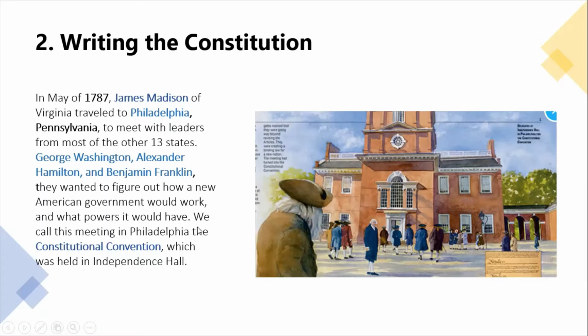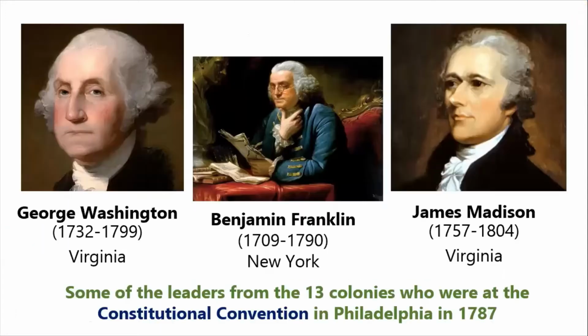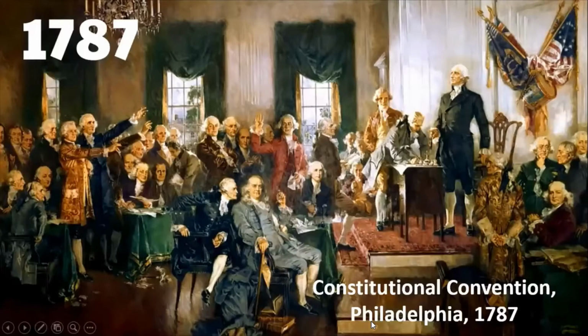We call this meeting in Philadelphia the Constitutional Convention, which was held in Independence Hall. These are some of the men that went to the Constitutional Convention: George Washington, Benjamin Franklin, and James Madison, some of the leaders from the 13 colonies who were at the Constitutional Convention in Philadelphia in 1787.